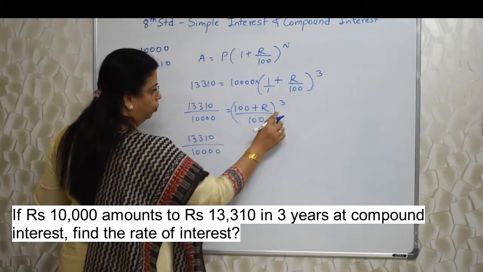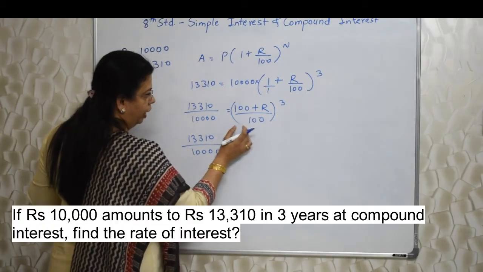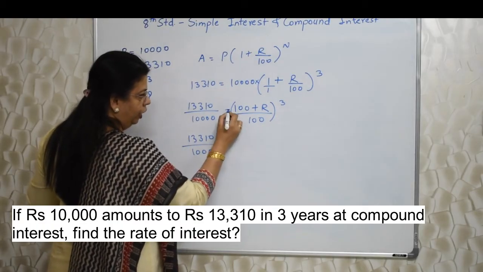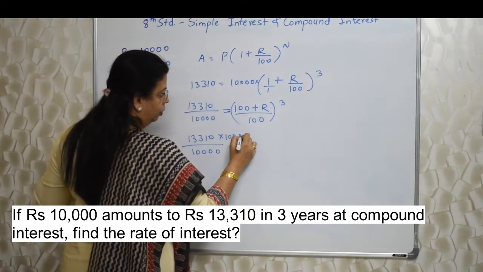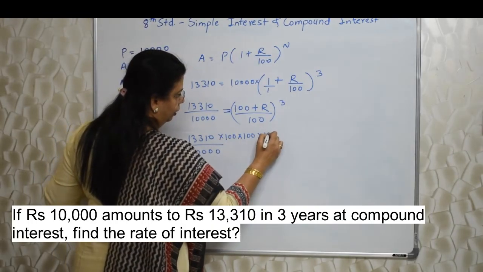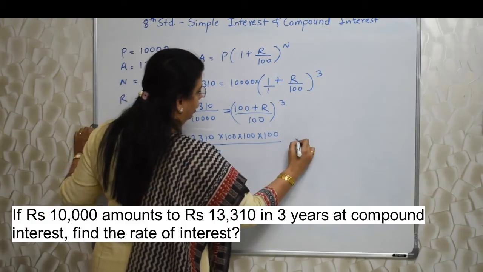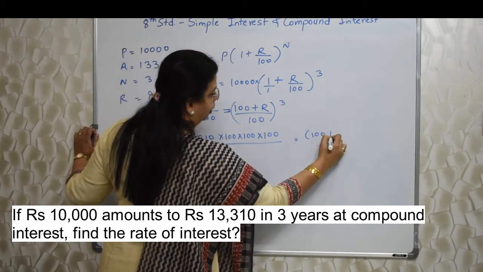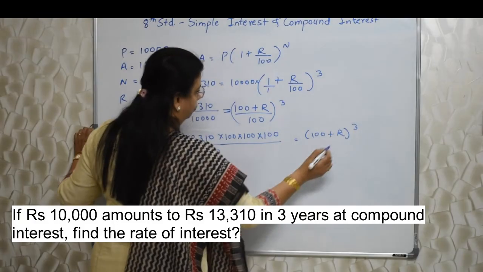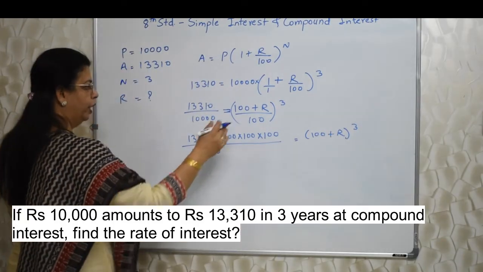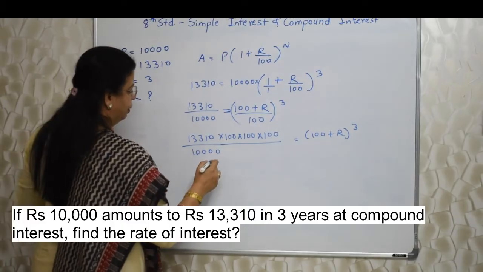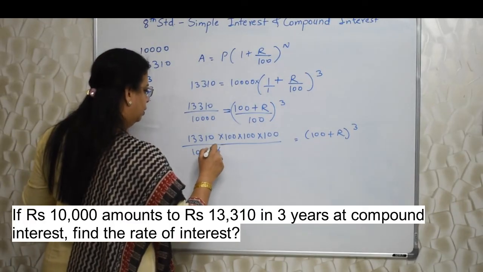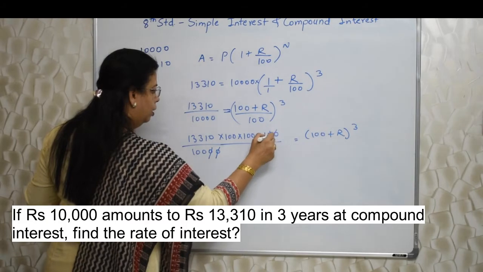This 100 cube which is down, so we are taking it that side of equal to. So it will be in the numerator now. So 100 into 100 into 100, 3 times 100 cube. That will be equal to 100 plus R the whole cube, because that is remaining. Whatever is in the numerator, that will remain. Denominator we are taking it that side 3 times. Now first cancel whatever is possible. Zeros.